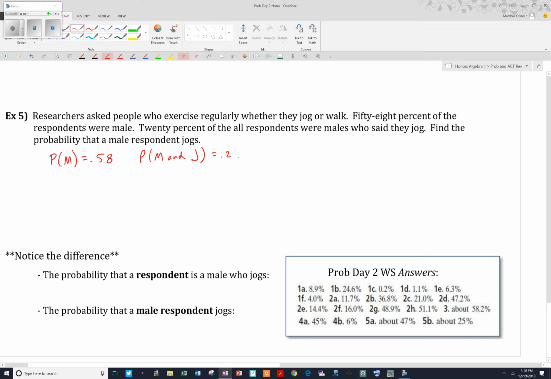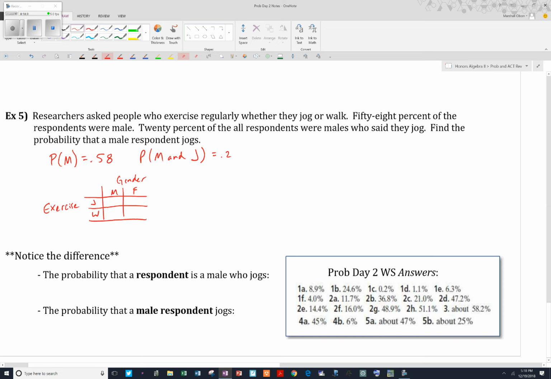Okay, I'm going to make a table here to help us answer this question. We've got two variables going on here: the type of exercise, either jogging or walking, and gender, either male or female.